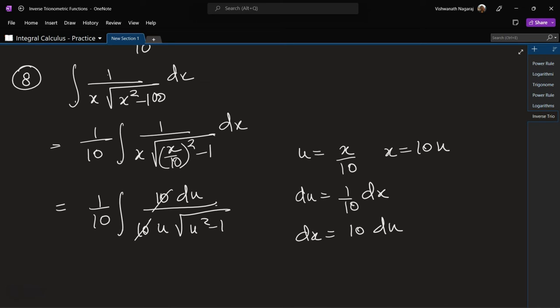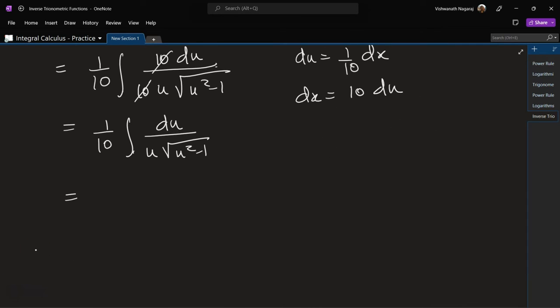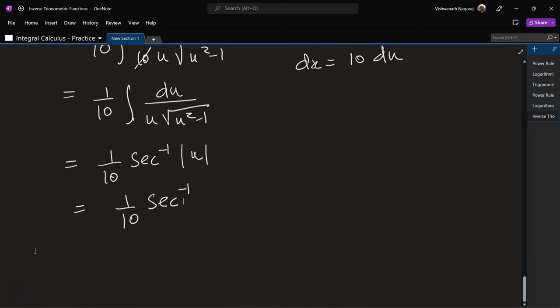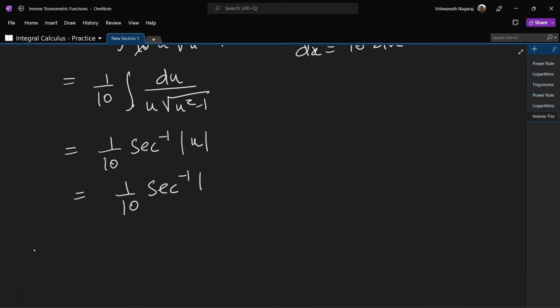So 10 and 10 cancel, and we have 1 by 10 integral of du by u square root of u square minus 1. And this integral we know is 1 by 10 sec inverse of absolute value of u, which is going to be 1 by 10 sec inverse of u is x by 10. So magnitude of x by 10 plus c.